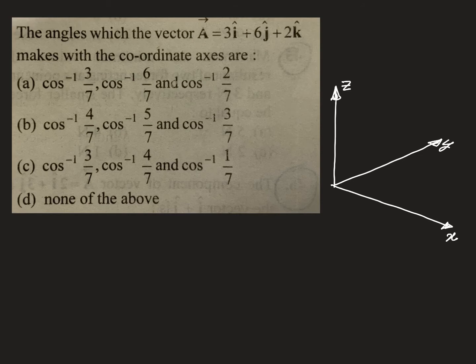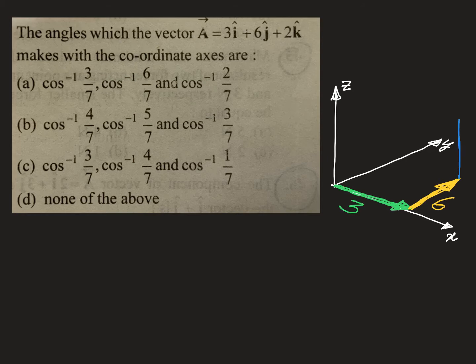Now see, as the vector is given, I'll draw 3 i cap. So 3 i cap means 3 units parallel to the x-axis, then 3 i cap plus 6 j cap, 6 units parallel to the y-axis, plus 2 k cap, right?